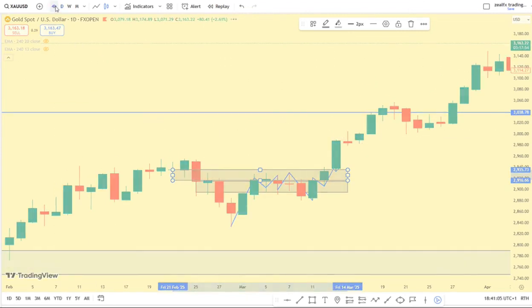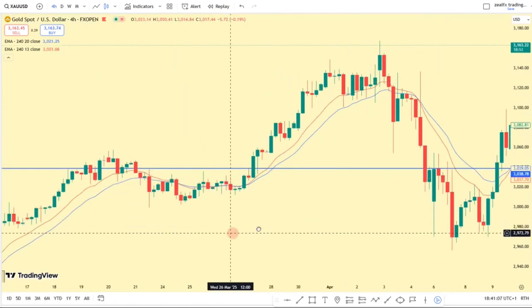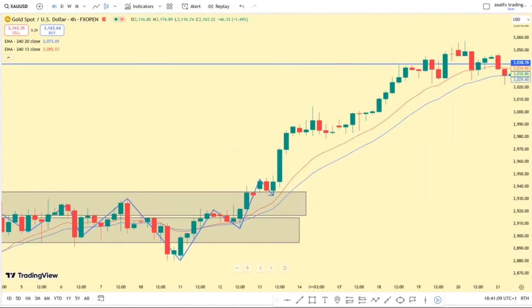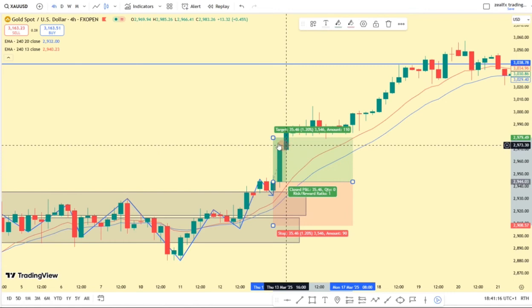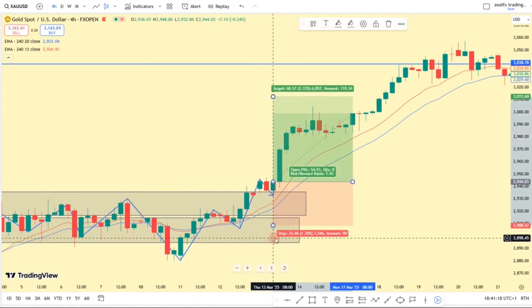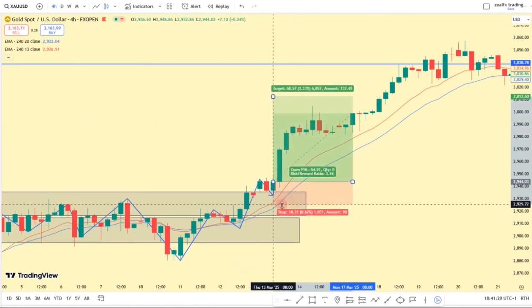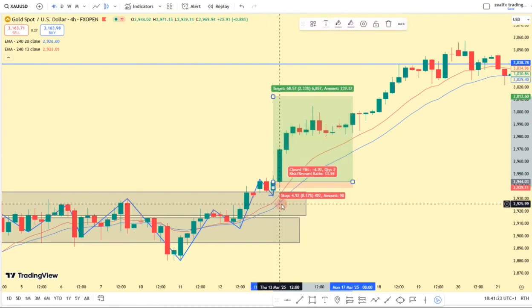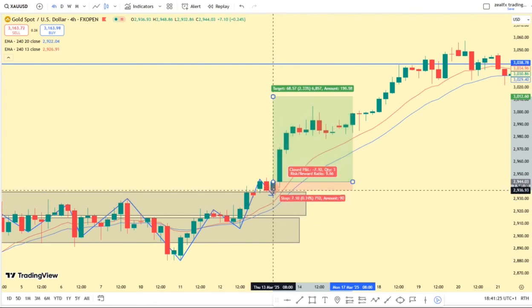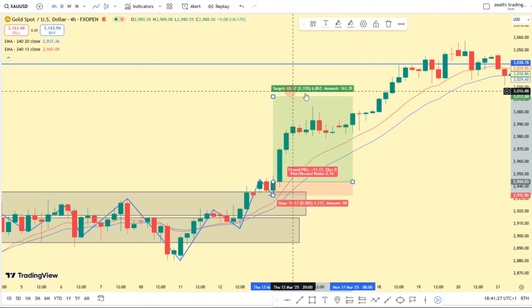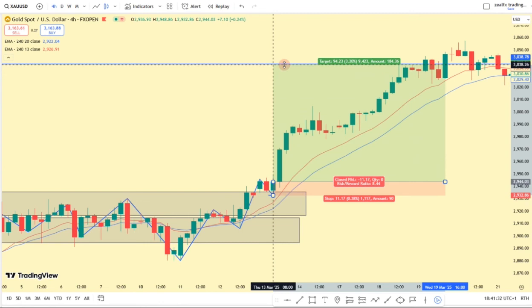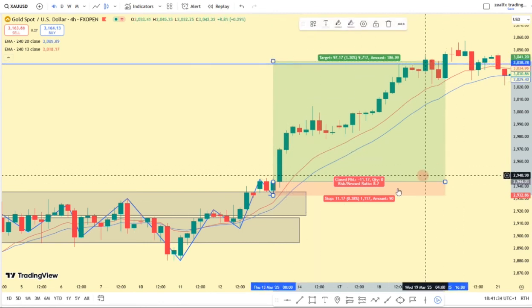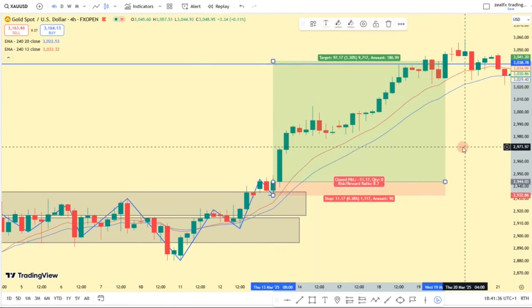So we went back to our 4-hour chart and executed the trade from this particular level. We placed our buy from this level, with our stop loss below the candlestick, and with a target of 1:5.